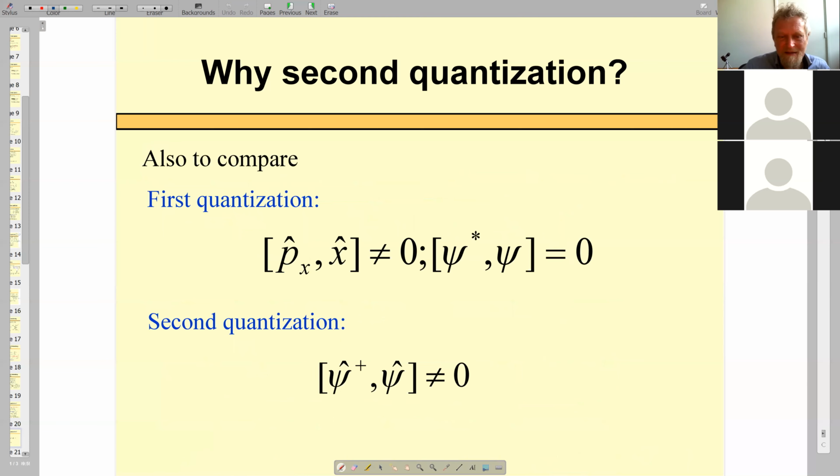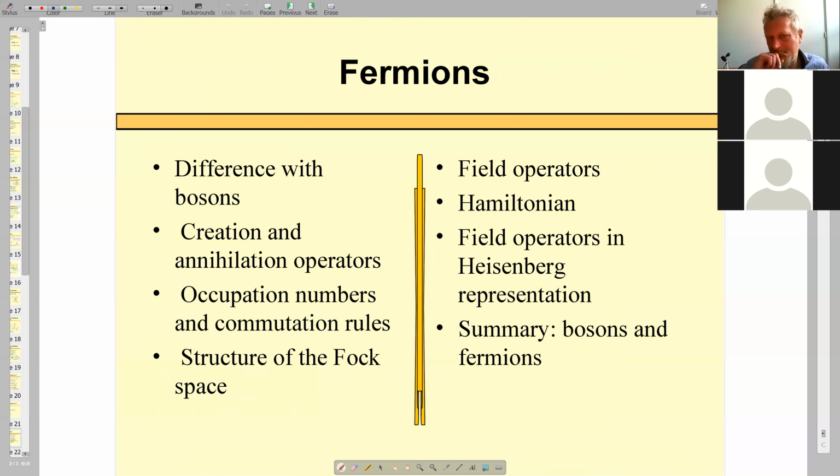Just yet another explanation of second quantization. Let me talk about fermions, and you see the outline of this fermion part is almost exactly the same as for bosons.